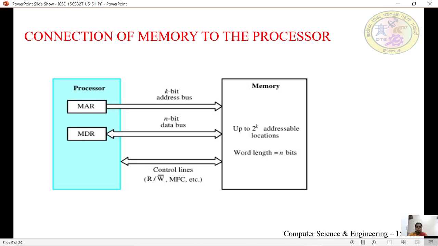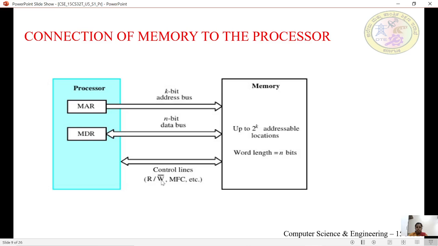Next we'll see how the write operation will take place. The processor writes the data into the memory location by loading the address of the memory location into MAR, loading the data into MDR, and setting the read/write signal to 0.